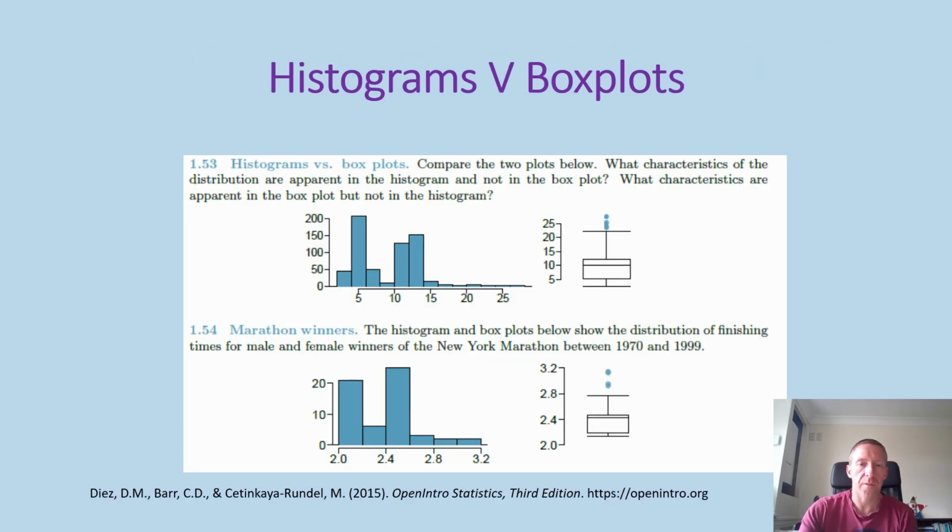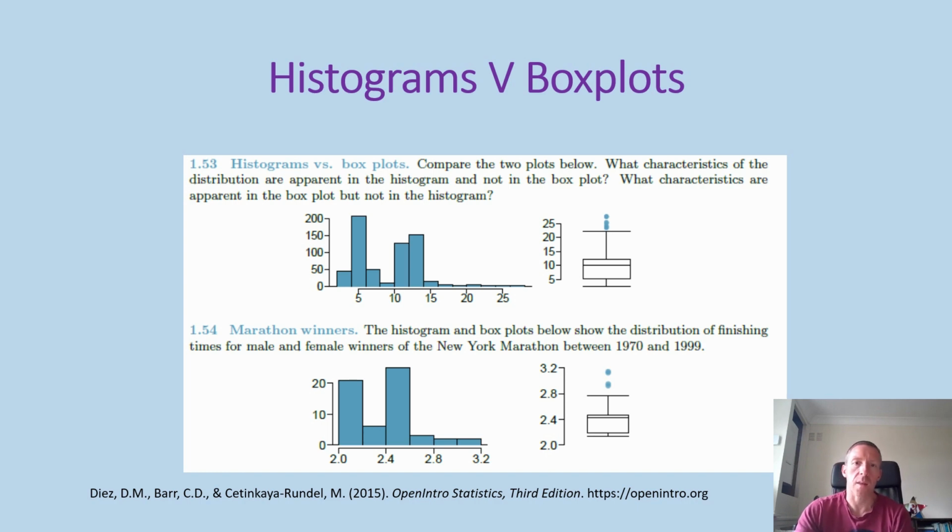I found this as well in a textbook, Open Intro Stats. I thought it was a useful diagram, and it shows you a box plot next to a histogram. You can see the strengths and weaknesses of why it might be useful to use both when you're visualizing and getting familiar with your data. The strength of the histogram in that top image is that there's a bimodal distribution going on.